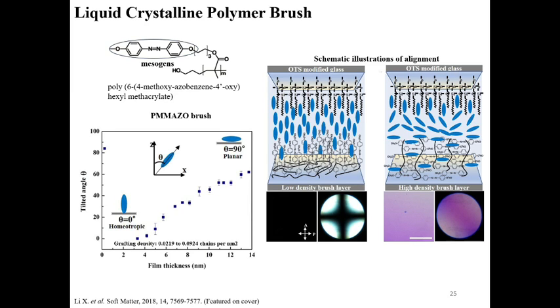So if we have such an ability, here is the polymer brush that we synthesized, which contains a group that can interact with the nematic liquid crystal. Therefore, by changing the grafting density, we can easily tune the anchoring, or the alignment, of the liquid crystal from perpendicular to parallel.